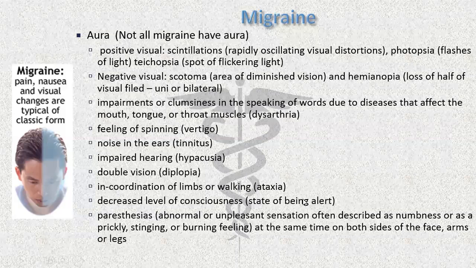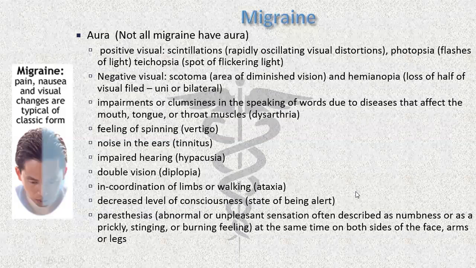Lack of overall ability of gross coordination, so ataxia, or a decreased level of consciousness. Or it can be in the touch field of sensation. So you can get paresthesias, which are abnormal or unpleasant sensations, so numbness or prickly feeling or mild burning in regions of your skin, on both sides of the face, arms or legs and so on.